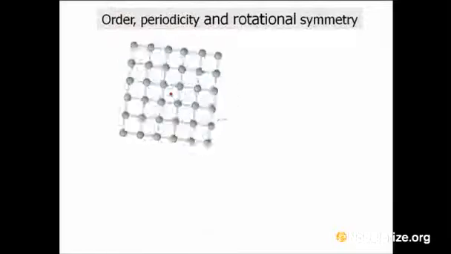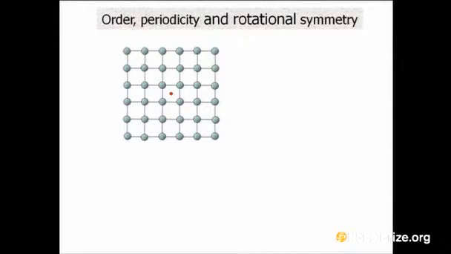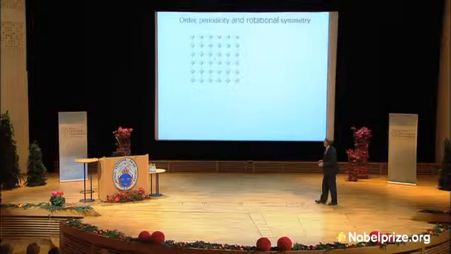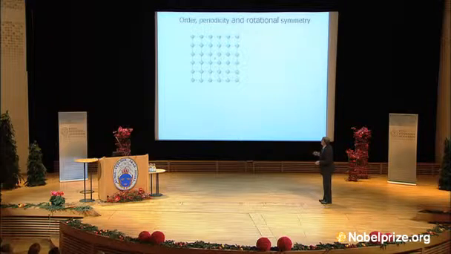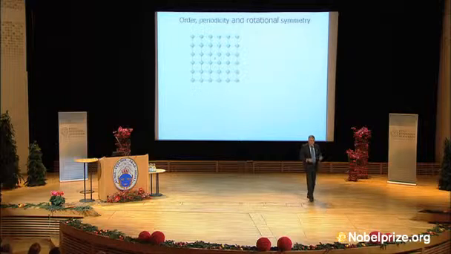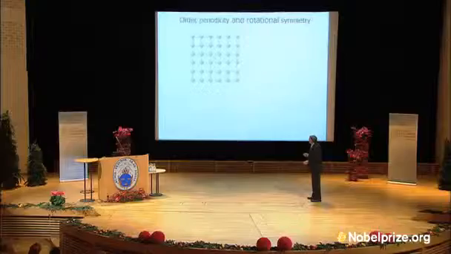Also, you can rotate the crystal in such a way that it repeats itself. For instance, this model can be rotated 4 times, and then it comes back to where it was before. If I rotate it only 1/4 of a turn, like 90 degrees, it will look the same.